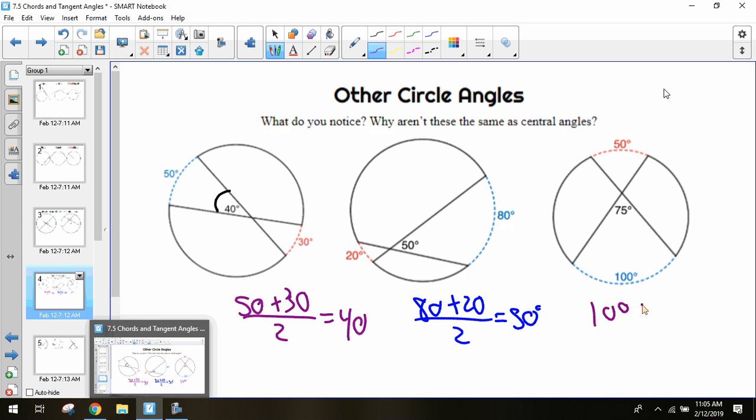And then 100 plus 50 is 150, divided by 2 is 75. Very good. So yeah, in a sense, it is the midpoint, or the mid number between the two.